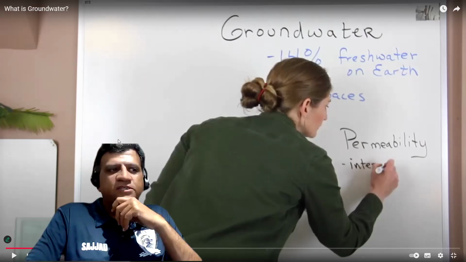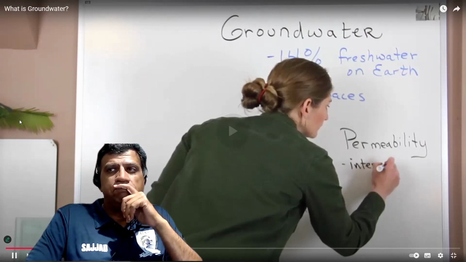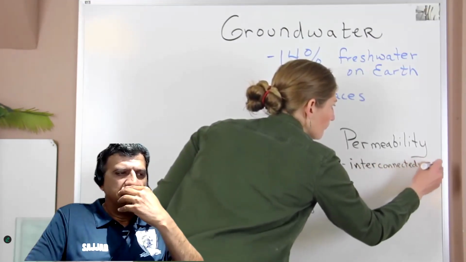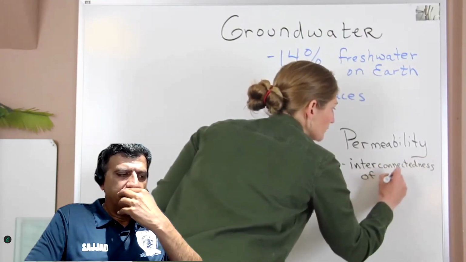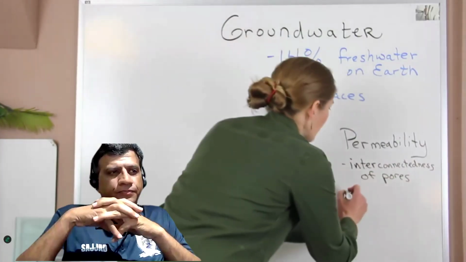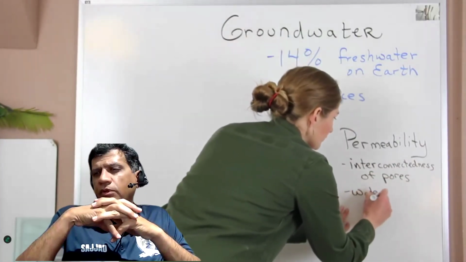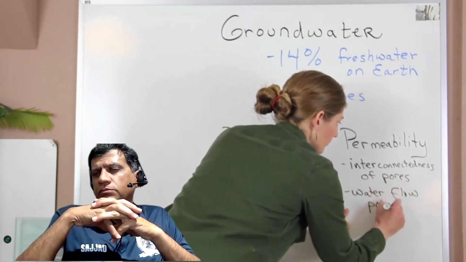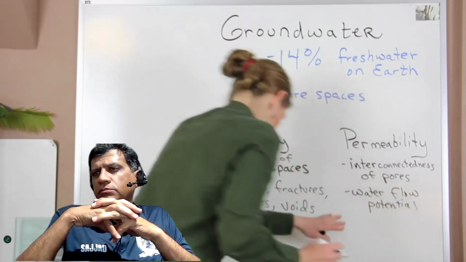You need the void spaces to be interconnected. So it tells us how easily water can flow. So I'm just writing water flow potential.